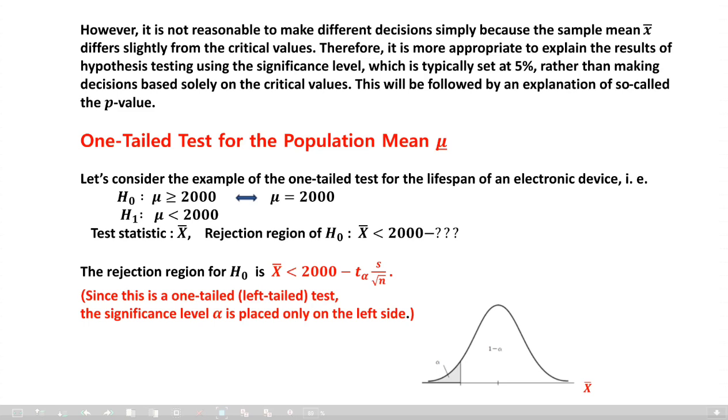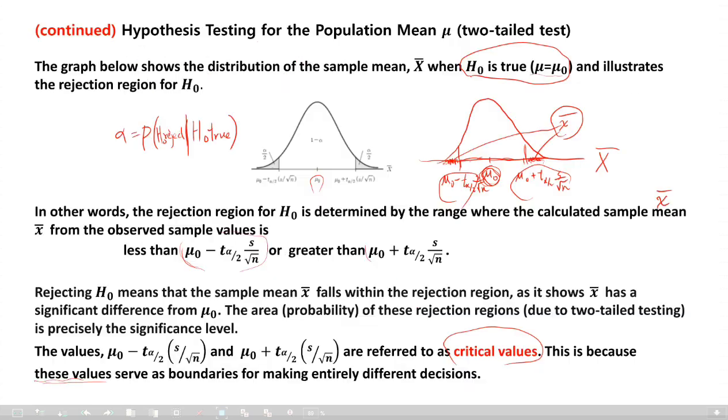All right. However, it is not reasonable to make different decisions simply because the sample mean x bar differs slightly from the critical values. I mean, if you get x bar here, you reject H naught.